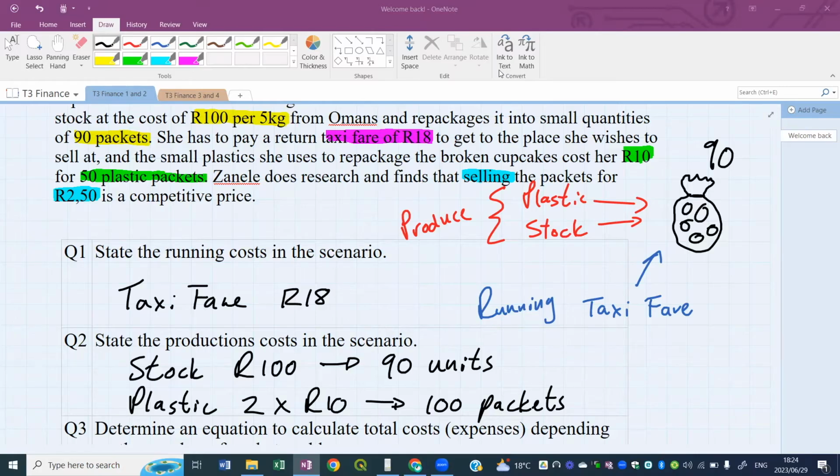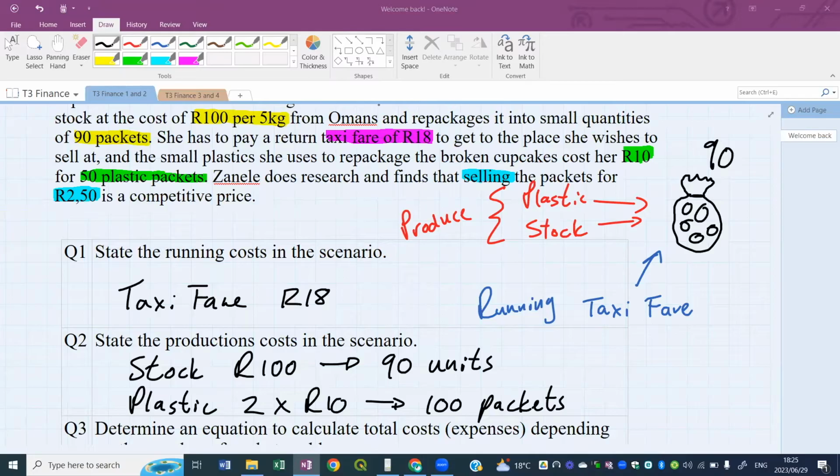Now, on Tuesday, we didn't even include the running costs. We just wanted to work out how much it costs to make a donut. And then we just increased the selling price to make profit. But you'll see now in this scenario, when we have running costs, we also have to take them into consideration. So these are costs that don't come into play when you make your product, but they're in the background.